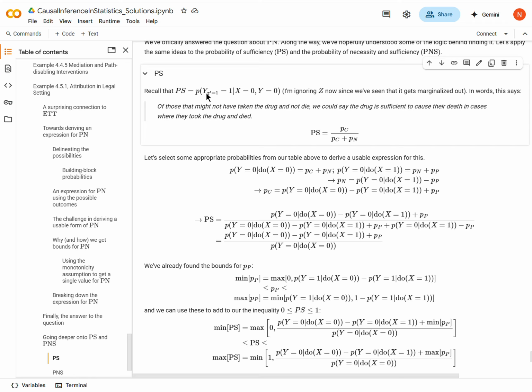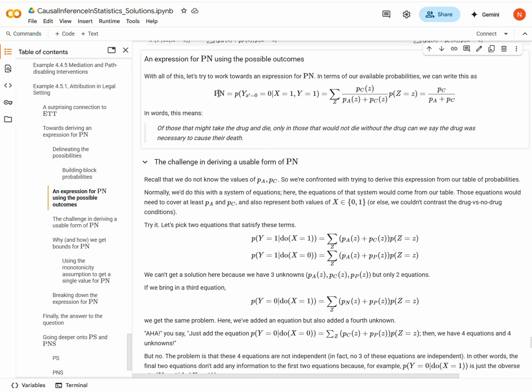Okay, this would be those individuals who would die if they took the drug, but we only saw them not take the drug and not die. Again, we could incorporate Z in here, but just for simplicity, I'm marginalizing it out, right?